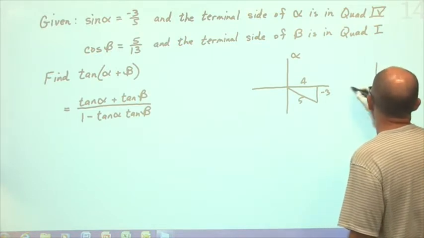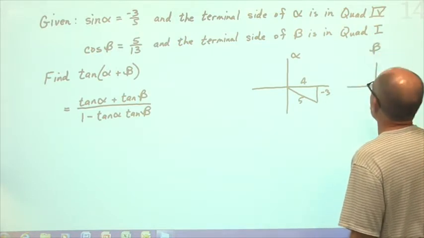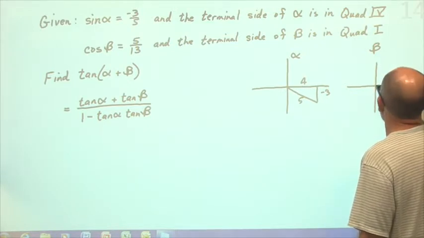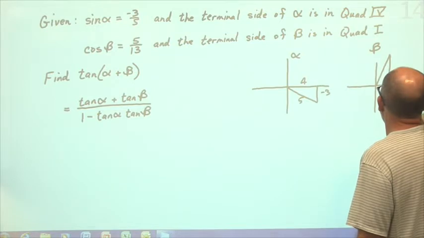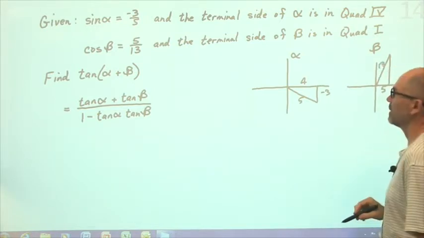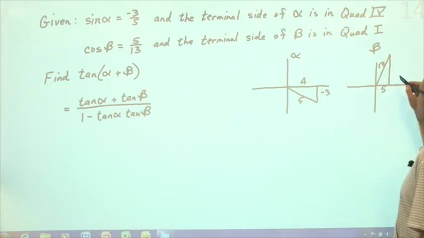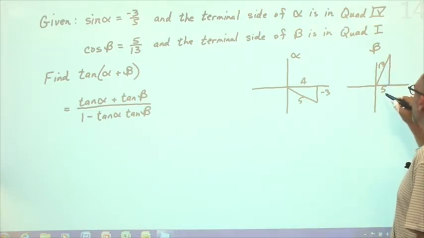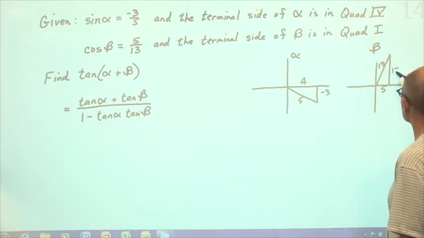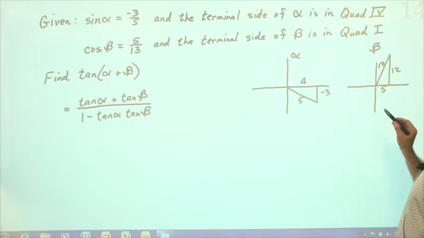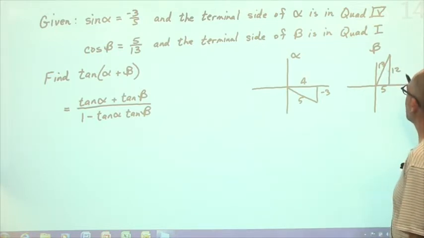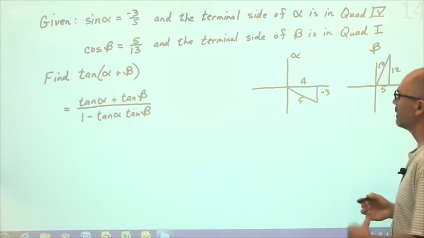So let's go to the beta angle. 5/13 means adjacent over hypotenuse is 5/13. Now what's the opposite side? Well, 169 minus 25 is 144, or you remember your Pythagorean triple 5, 12, 13. So now I could get the tangent of beta.